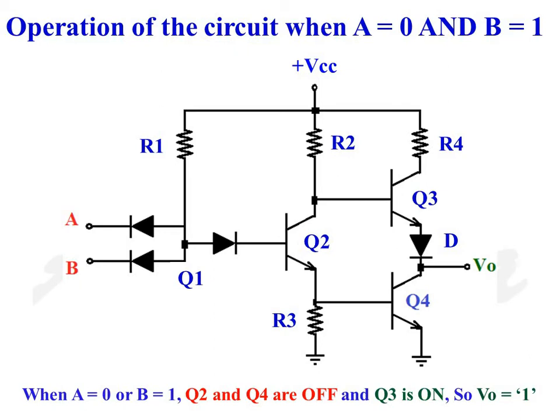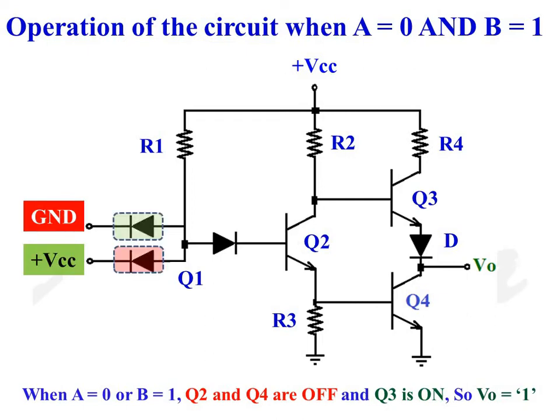Now when A is equal to 0 and B is equal to 1, the base emitter junction of transistor Q1, which is shown in the red color, is reverse biased, but the base emitter junction of transistor Q1 shown in the green color is forward biased.